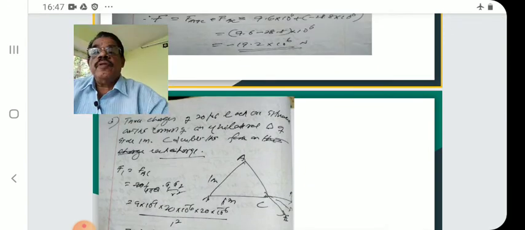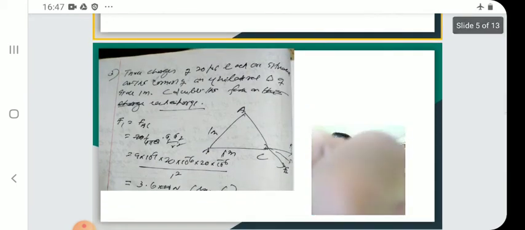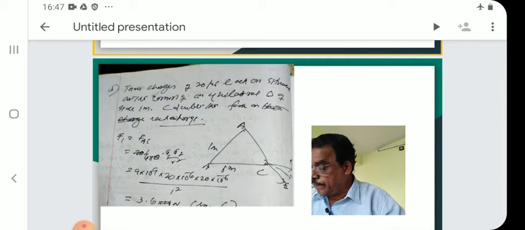Now we come to another important problem, which is a frequently asked question. The force on the charges at the three corners of a triangle. I shall read the problem.